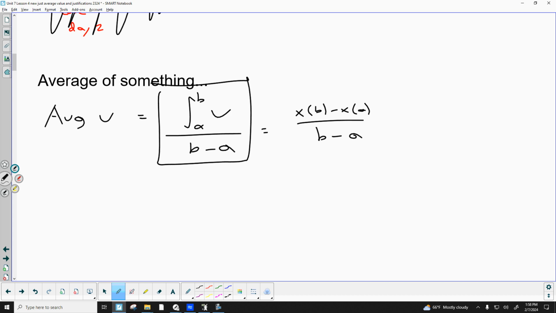Is that cool? So now I can almost just say, let's not worry about how velocity is the same as the derivative of position. It's like average velocity, I'm going to find the accumulation of velocity. If I ask you to find the average F, F can be replaced with anything.